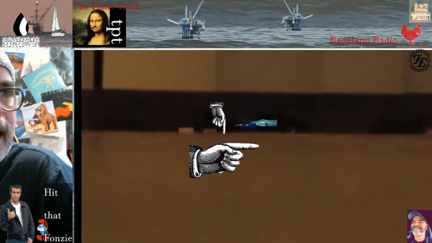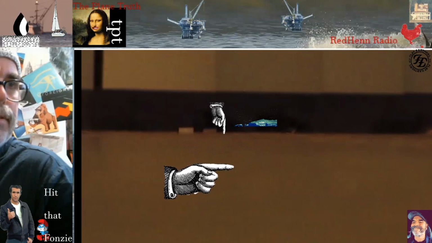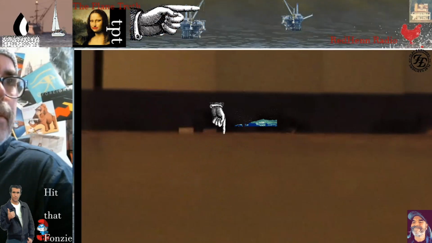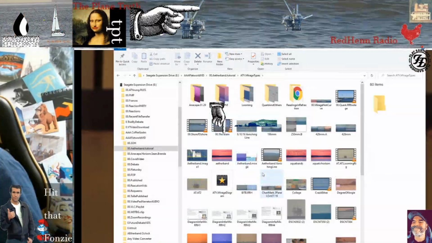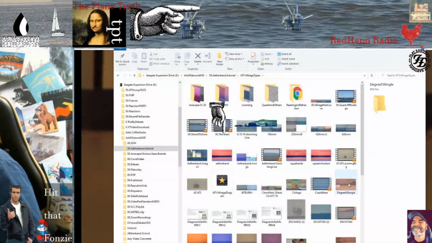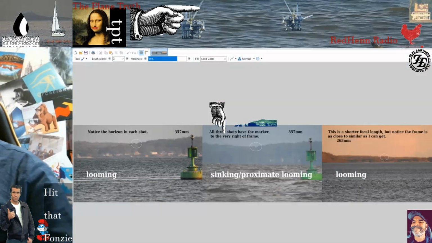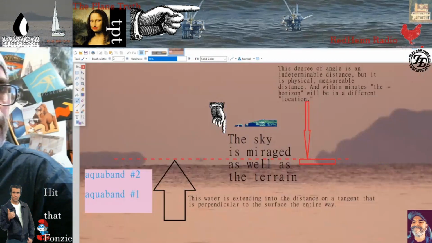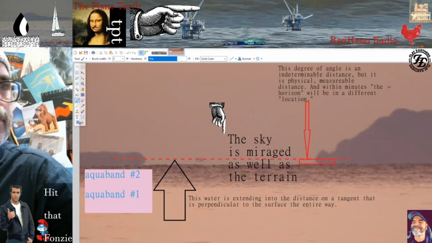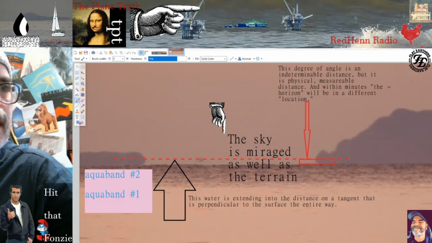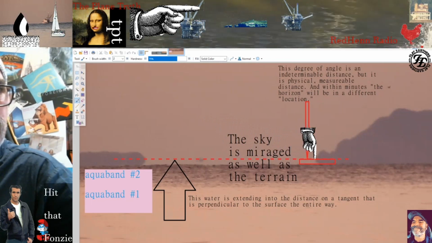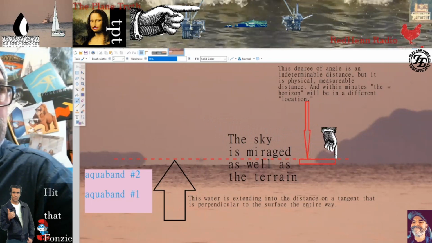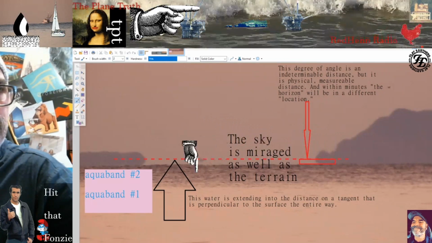Now if you put that out in terms of the images that I produce, this is the same idea. Now you have the fold line for the inferior mirage.